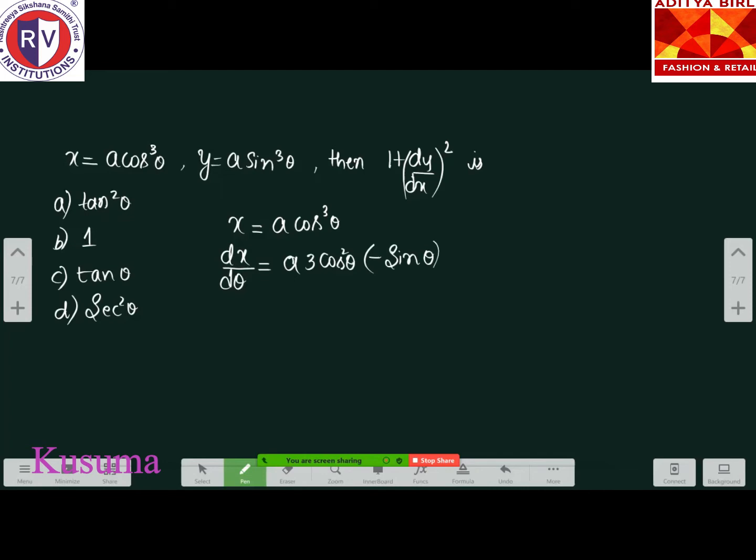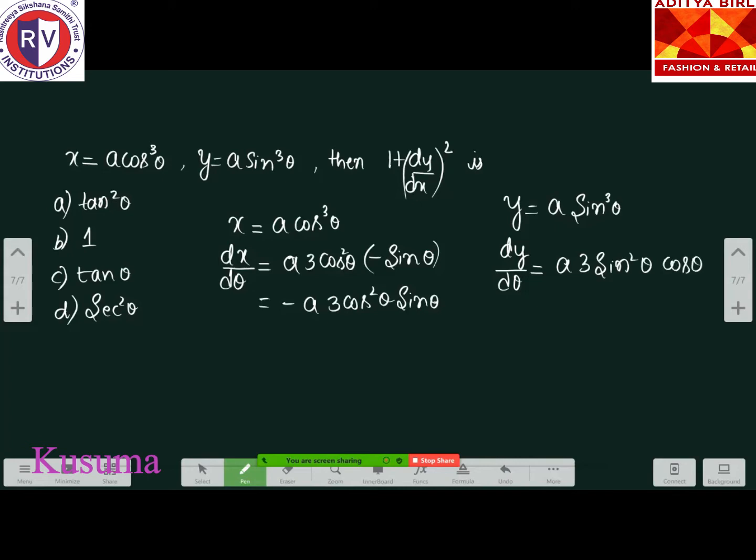So this is minus 3a cos square theta into sin theta. And look at y. Y is also a function of theta. Let us differentiate this. Dy by d theta is equal to a into 3 sin square theta into cos theta. Differentiation of sin theta is cos theta.